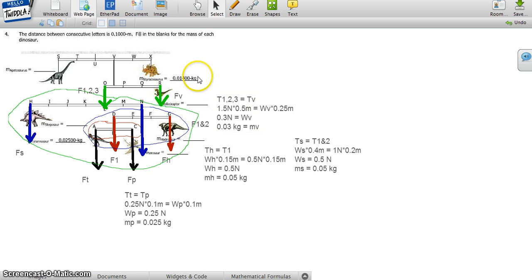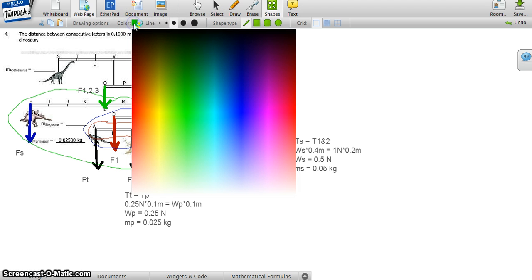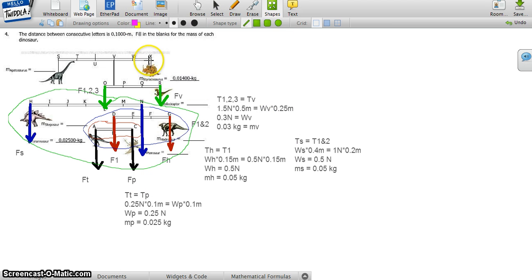Okay, now finally the last level. We've got the Tyrannosaurus, or whatever that is, creates a force downward here. There would be a downward force here from all of these levels down below, and there would be a force here from the apatosaur down.